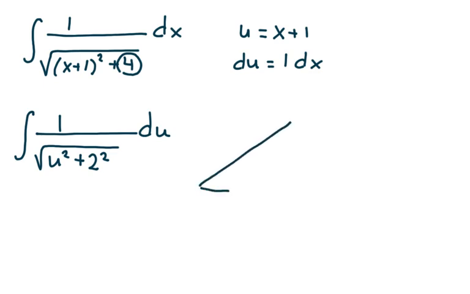When you have a sum of squares, that dictates the lengths of the legs of the triangle. So, in other words, I'm going to let the length of the side opposite to angle theta be u. And I'm going to let the length of the side adjacent to angle theta be 2.